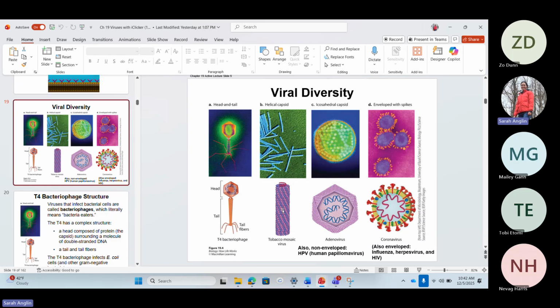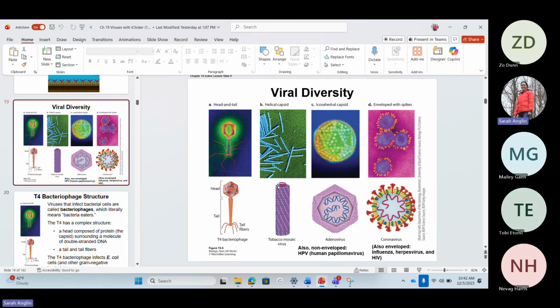Tobacco mosaic virus is a virus that only infects plants, and it has a very unique shape and structure where the capsid actually is intertwined with the genome. So it's actually in between the layers of the capsid. So it's kind of cool.